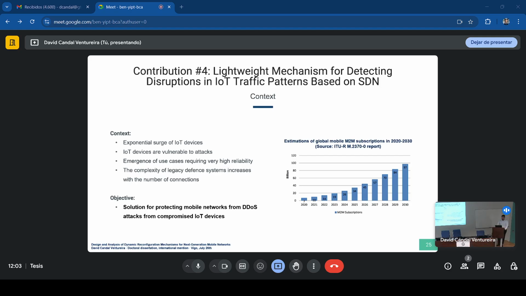Many solutions already exist to prevent denial of service and other attacks, but the complexity of these legacy solutions increases not only with the traffic load, but also with the number of devices being analyzed, because this would require maintaining more context sessions.